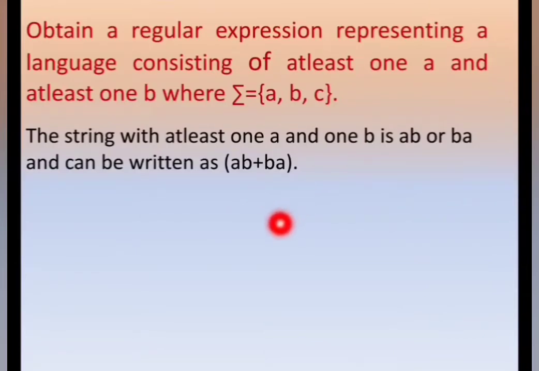Minimally there should be at least one A and one B, but maximally there can be any number of A's, B's and C's in the string. So we can add any combinations of A's, B's and C's in all possible places in the string AB or BA.